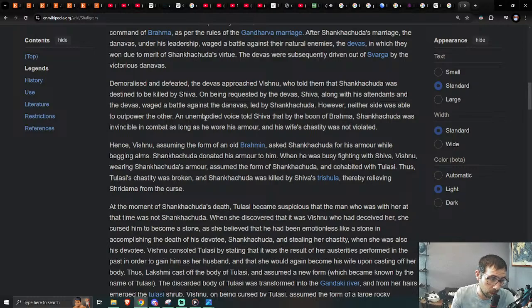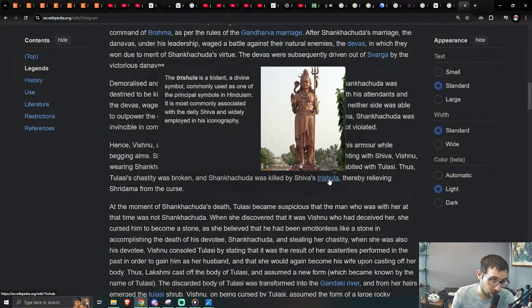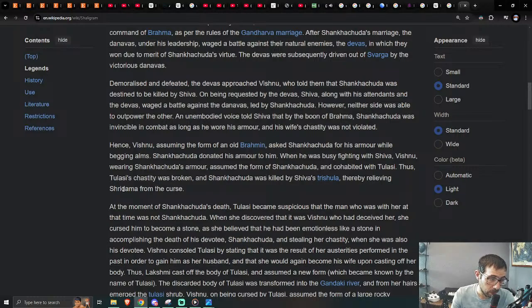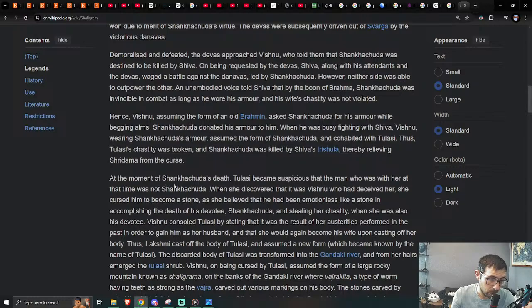Thus Tulasi's chastity was broken and Shankashuda was killed by Shiva's Trishula, a trident, thereby relieving Sri Dhamma from the curse. At the moment of Shankashuda's death, Tulasi became suspicious that the man who was with her at that time was not Shankashuda.